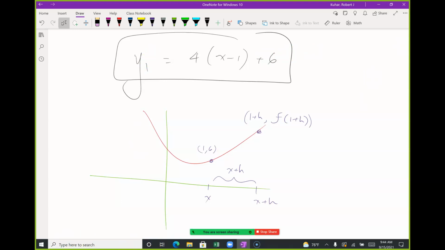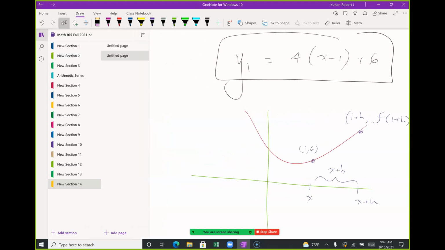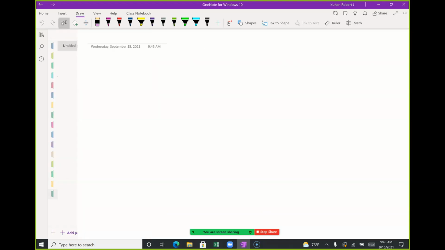But again, this is the difference quotient thing. Make sure that you're doing difference quotients with all kinds of different functions, right? Make sure you're practicing difference quotients with different types of functions. So I'll just write a bunch of them.